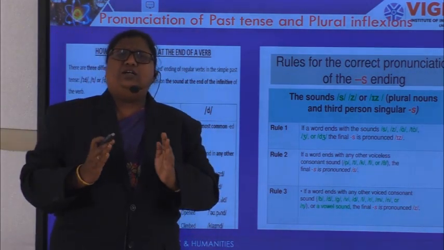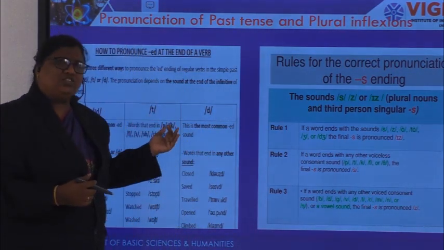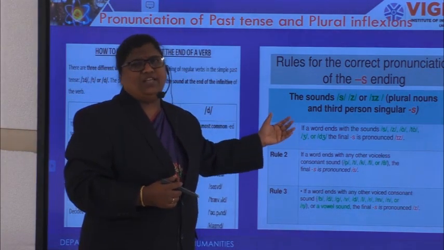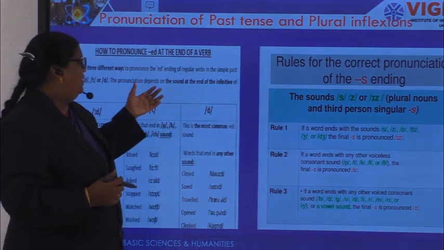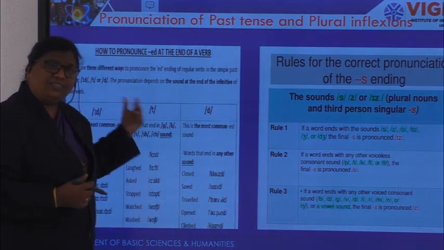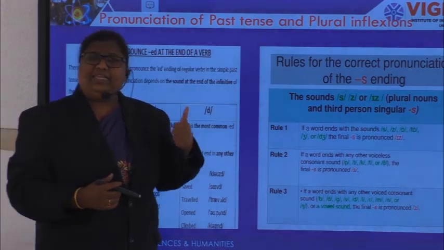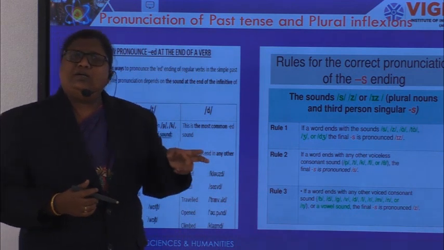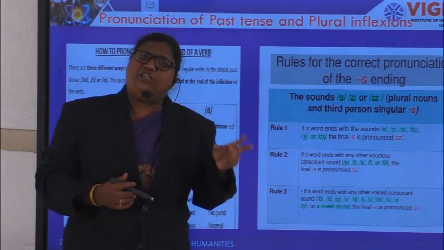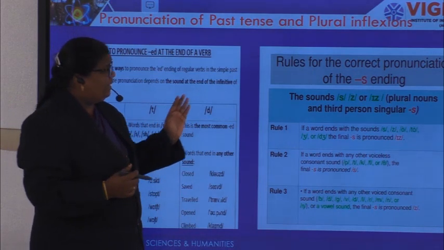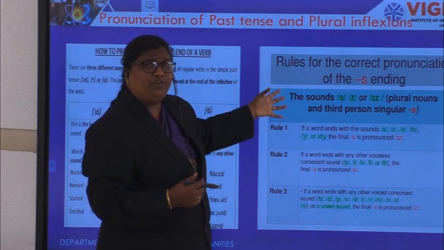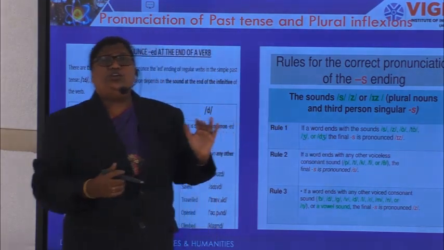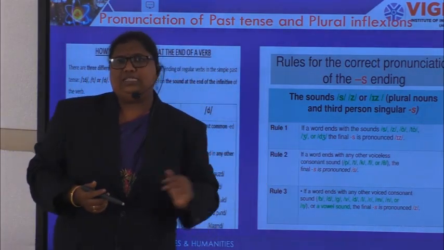Especially for a verb you have past tense inflections or past tense markers, and for noun you have plural inflections. That means for past tense markers you will be adding ed or d or t in order to make it into a past tense form for the main verb. When it comes to plural markers, you need to add s or es or ies to give the plural form, a plural indicator.